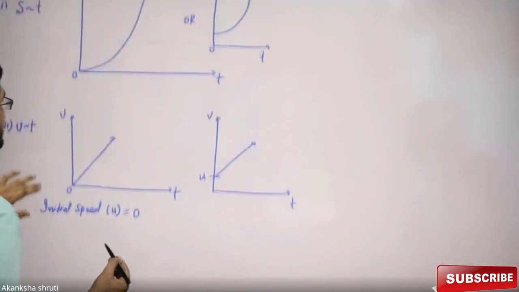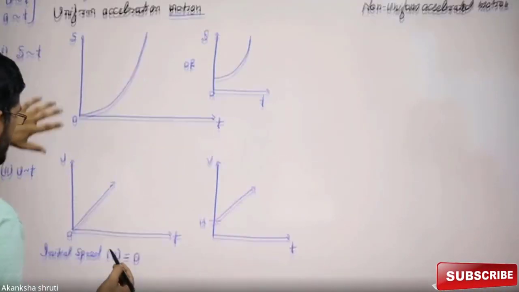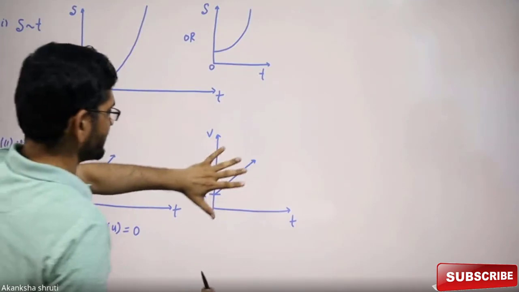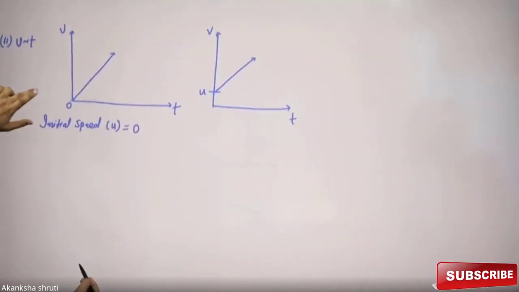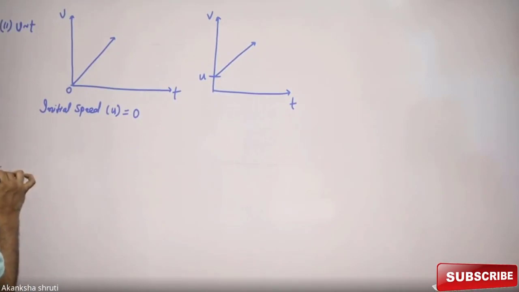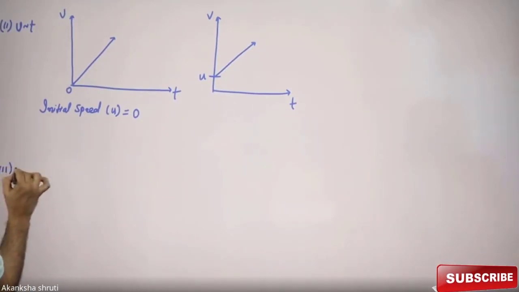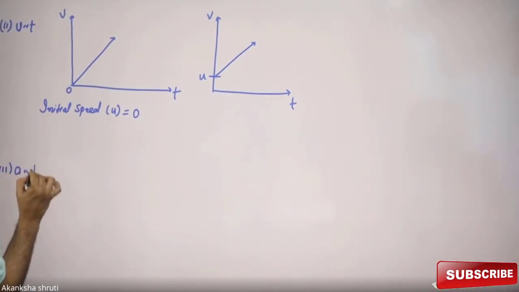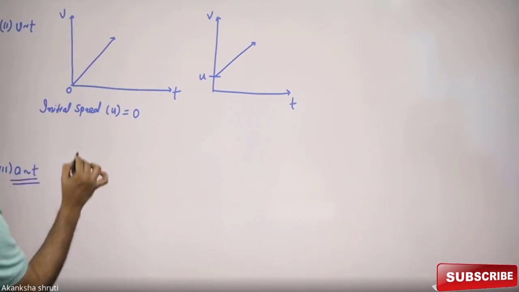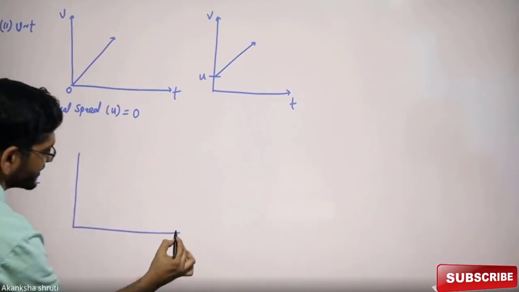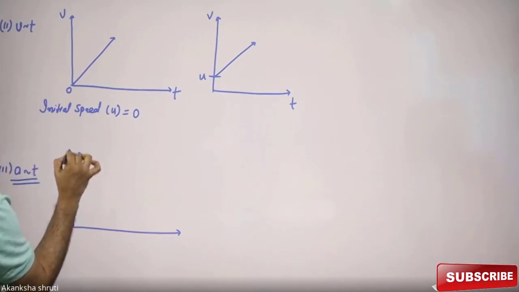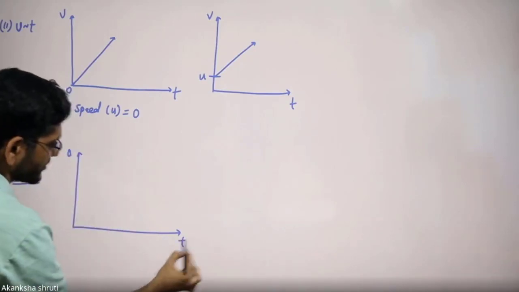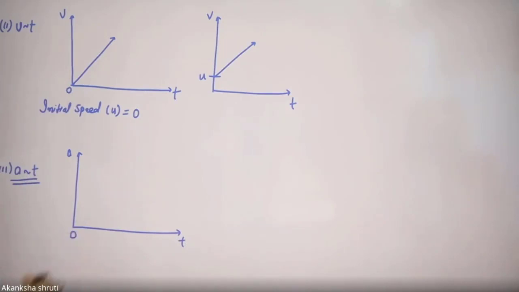Students, keep in mind, from the distance time graph we drew the velocity time graph. From this velocity time graph, even the third one, called the acceleration time graph, can be drawn. Students, how is the acceleration time graph? This is our acceleration on the y-axis, t on this axis, this is our 0.